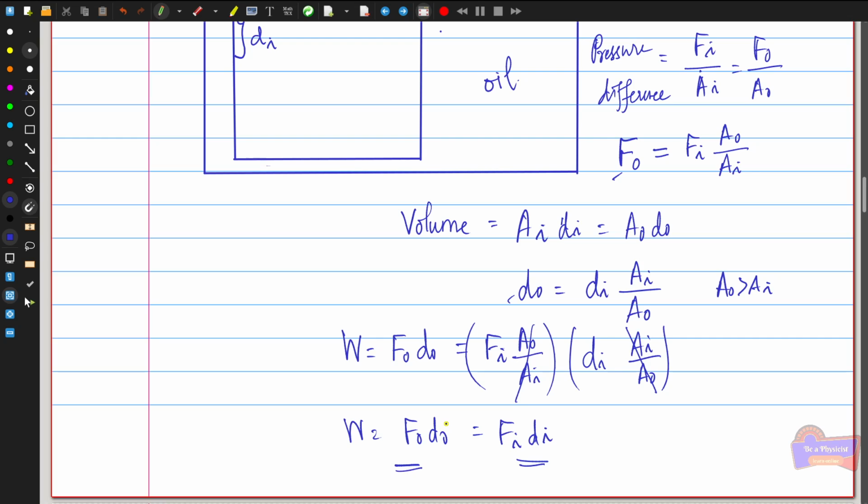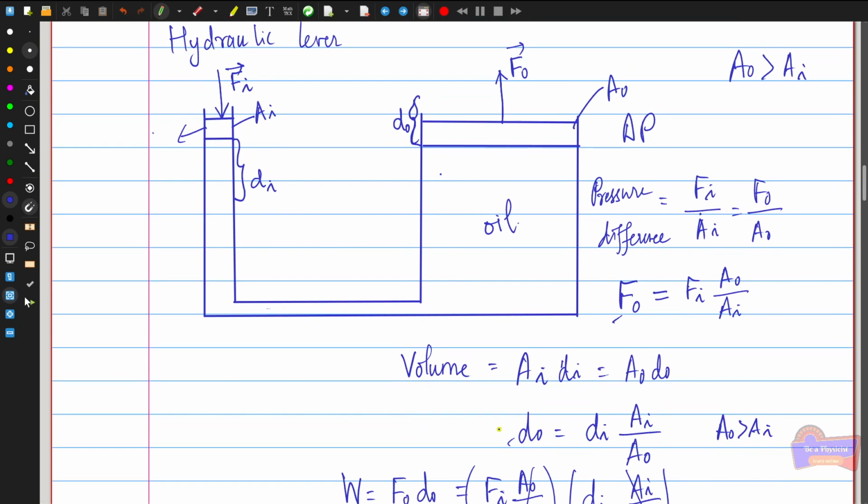Therefore, the advantage of the hydraulic lever is that a given force applied over a given distance can be transformed to a greater force applied over a smaller distance.